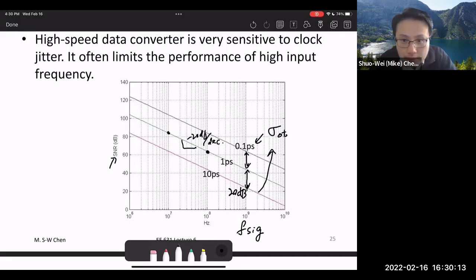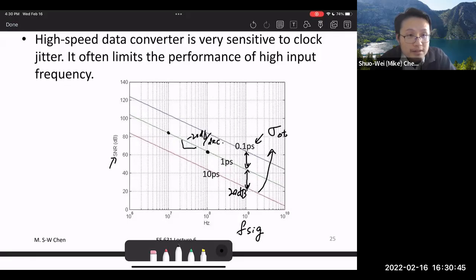So by looking at this, let's say I want to design a 10-bit ADC, and let's say a 1 gigahertz input. What is the clock jitter that we should design for? By looking at this chart, roughly, 1 gigahertz, 10 bit.